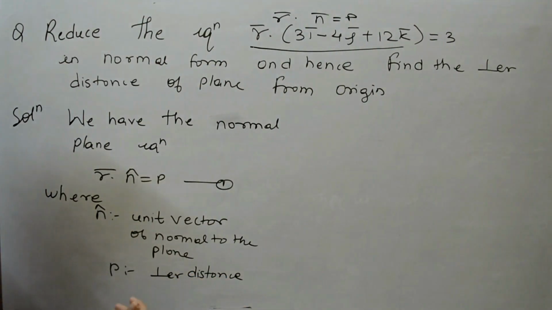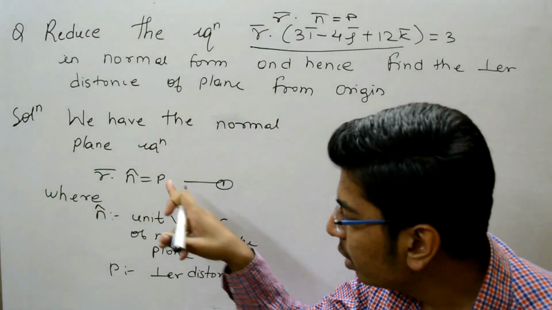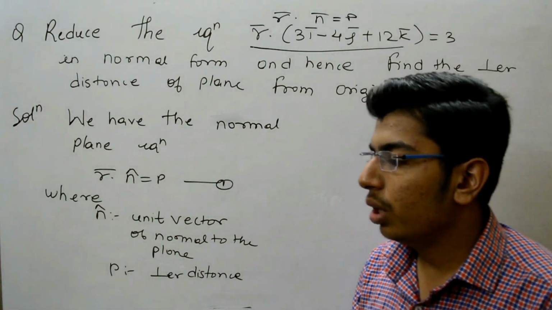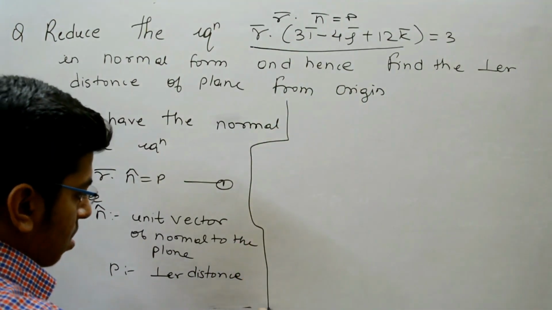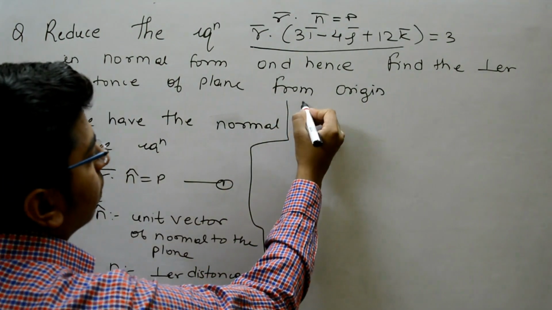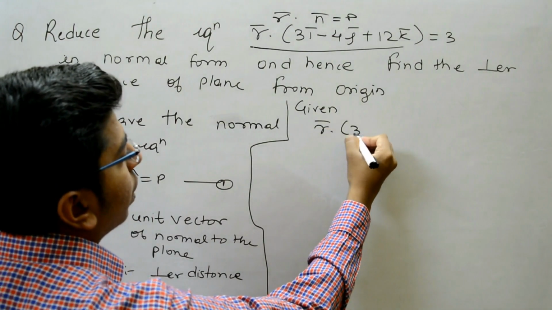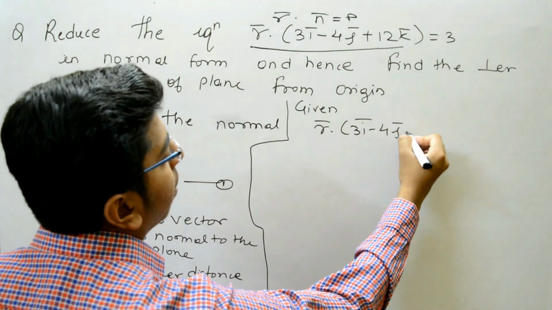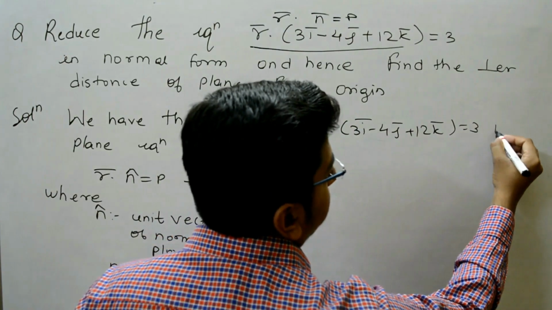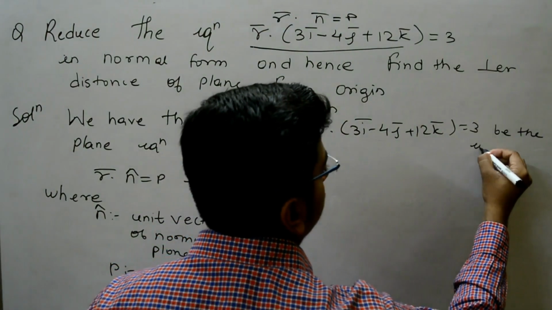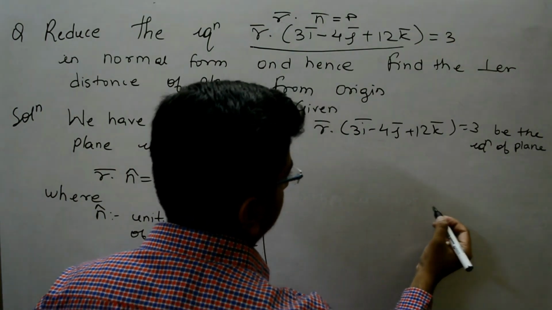Okay, p is the perpendicular distance. In this example we have to find out this p. So next step is, given r bar into 3i bar minus 4j bar plus 12k bar is equal to 3, be the equation of plane.